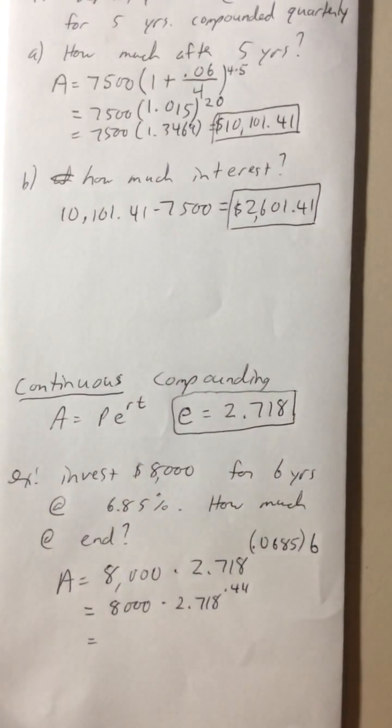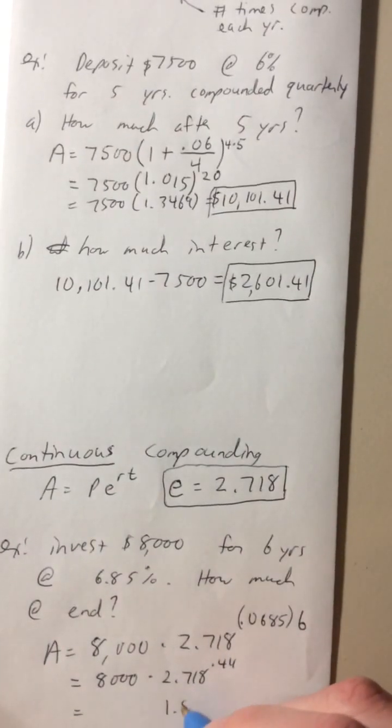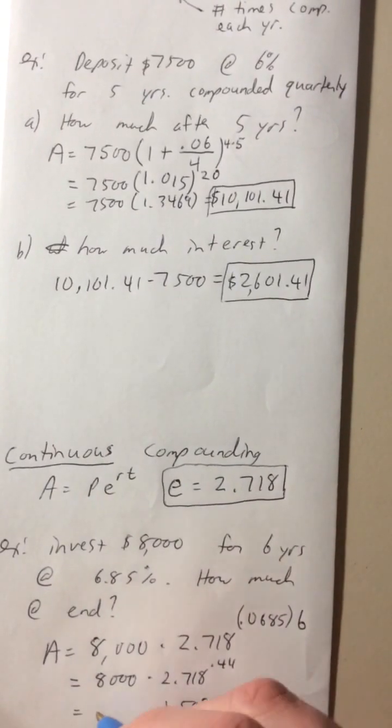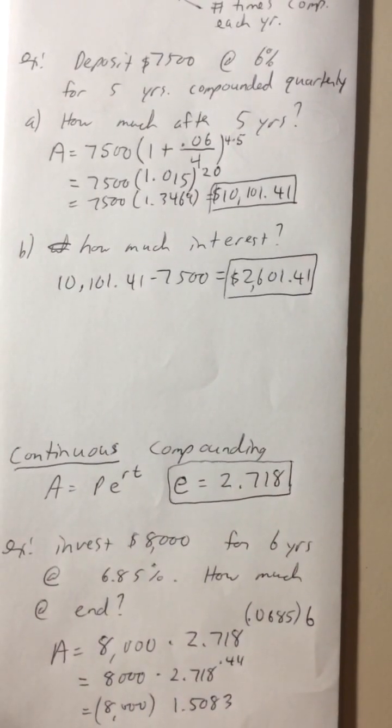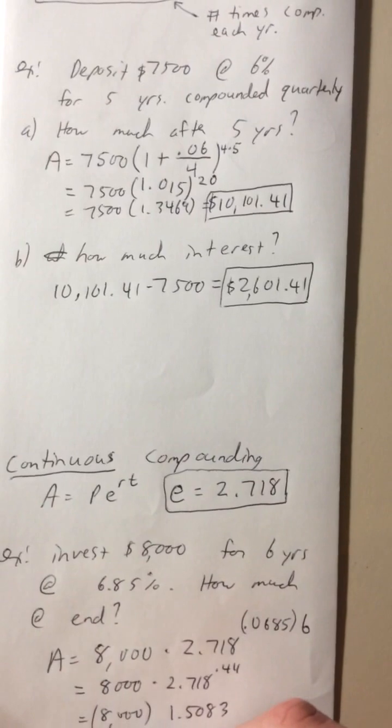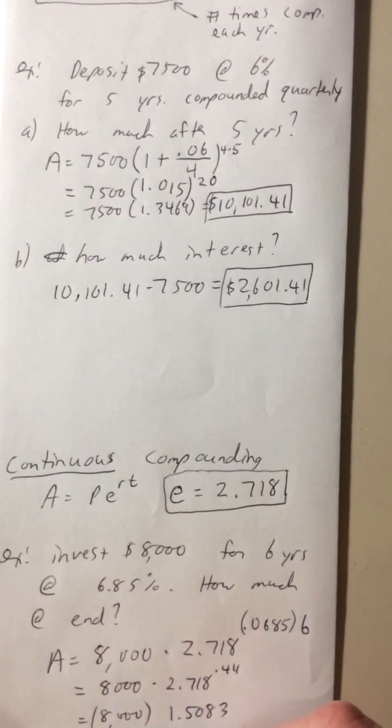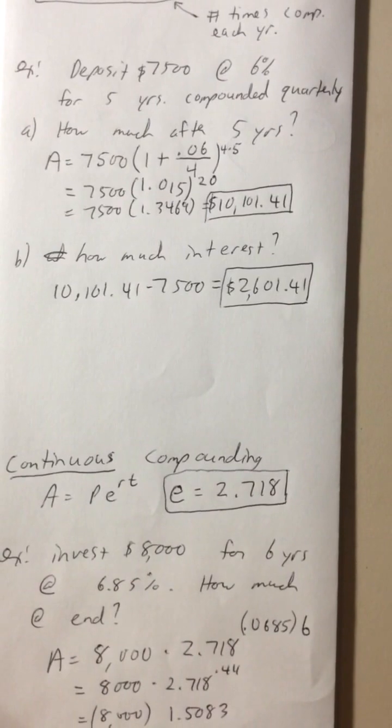So 2.718 to the 0.411 equals 1.5083. 1.5083 times $8,000, and that gets us 12,066.09.